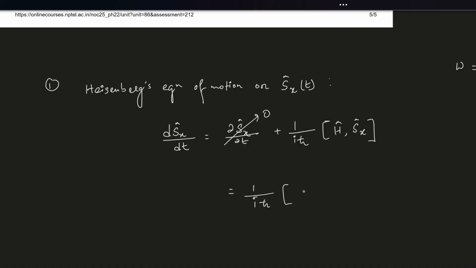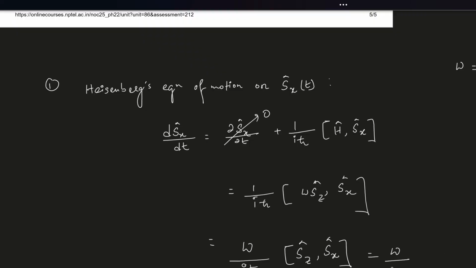Now you directly replace that here, so that you can operate the commutator bracket with the spin operators Sz cap and Sx cap, right? Omega is a constant, so it can come outside the commutator bracket. So it is basically a simple commutator bracket relation between Sz cap and Sx cap.